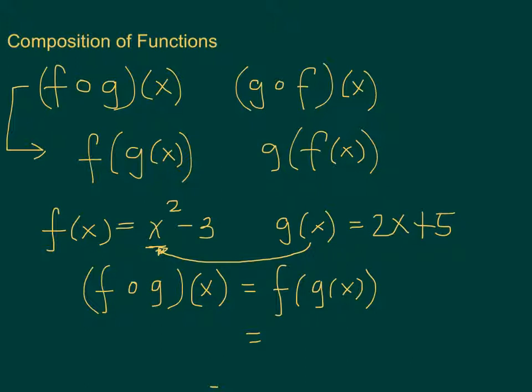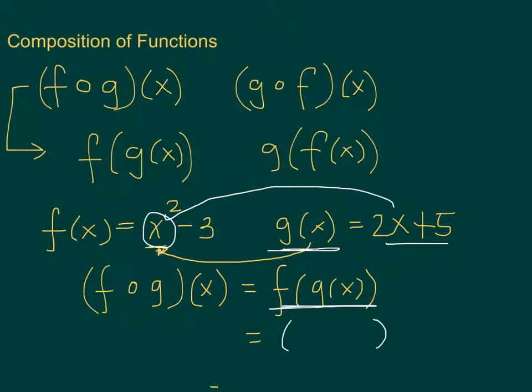If I will put g of x, which is 2x plus 5, in place of this x, then f of g of x is basically, the x will now become 2x plus 5, and you have the square, and then minus 3. So again, the g of x will take the place of x of the function f of x. And after that, all you have to do is to simplify the resulting expression.